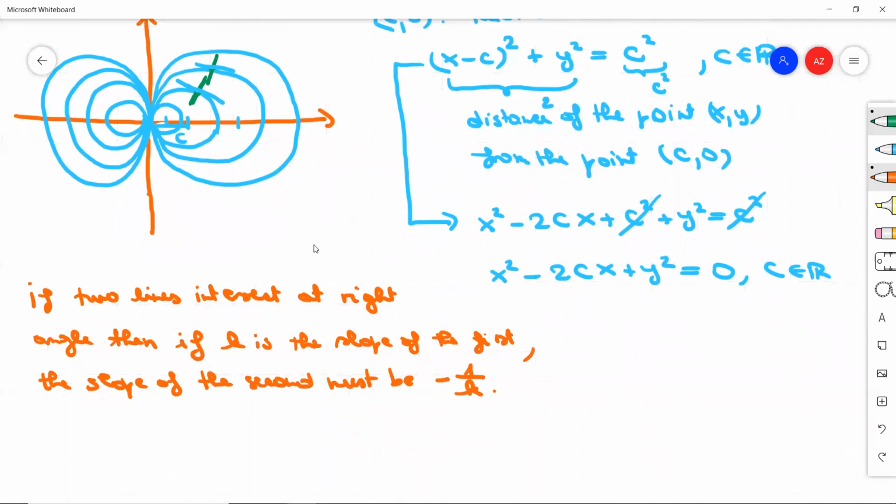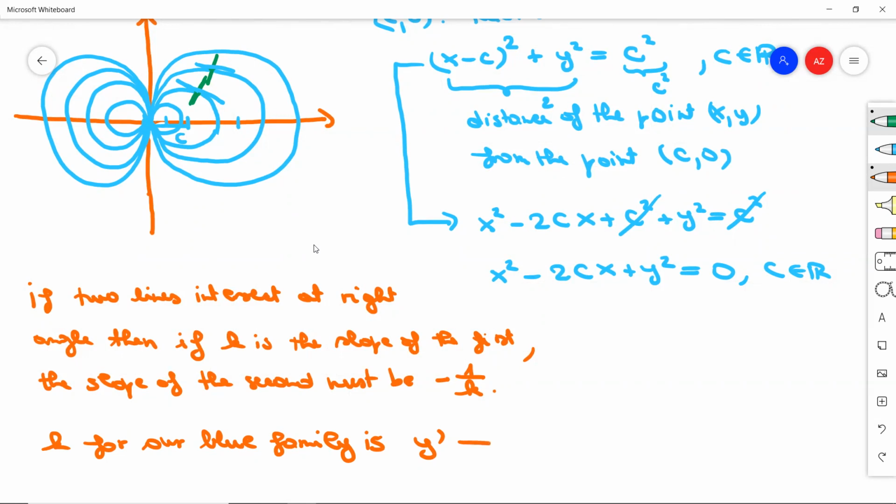So for our blue family, we know that k is y prime. So we have y of x as the equation of our curves in the initial family, and you know from calculus that the slope of the tangent is y prime.